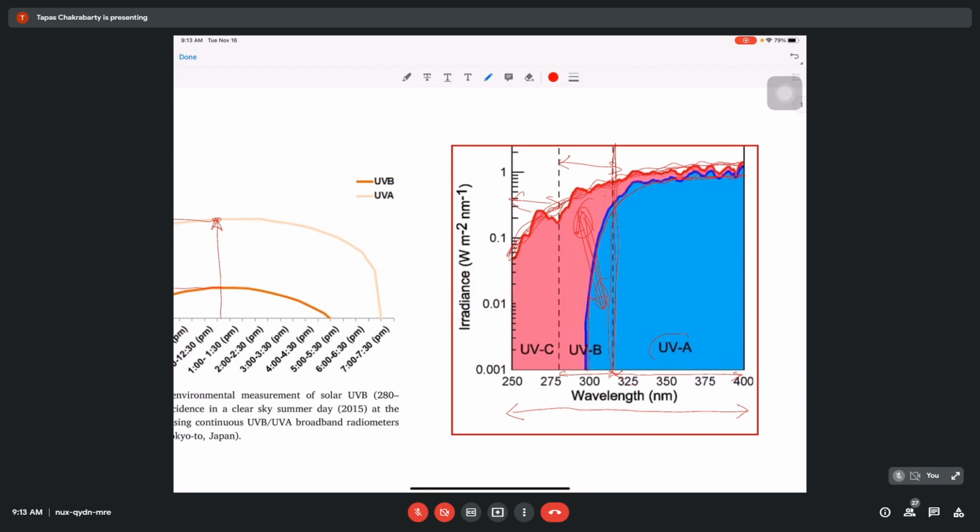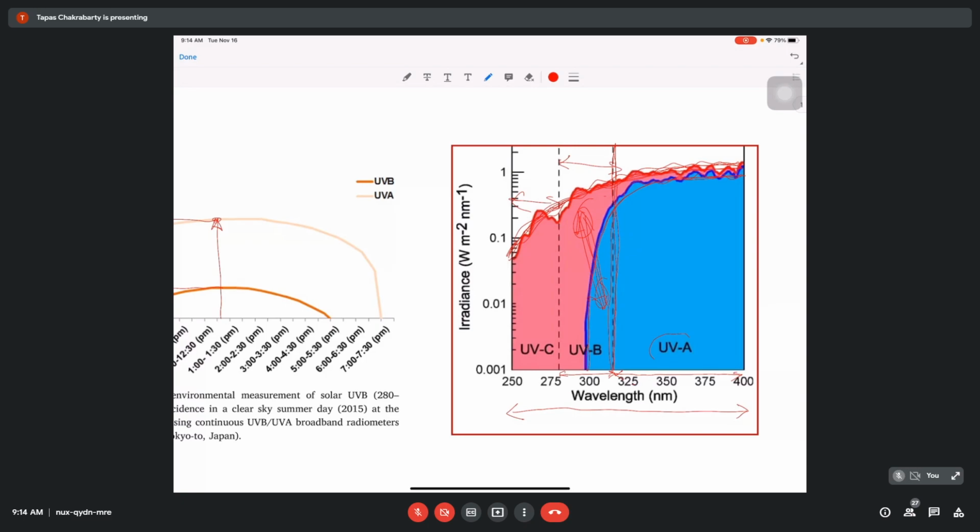Now, how can you get these things, particularly in these exploratory missions? You have to go above the troposphere, nearly about 100 kilometers above the Earth's surface, that is, above the ozone layer. Typically, the ozone layer has its maximum thickness at about 25 to 30 kilometers above the Earth's surface.